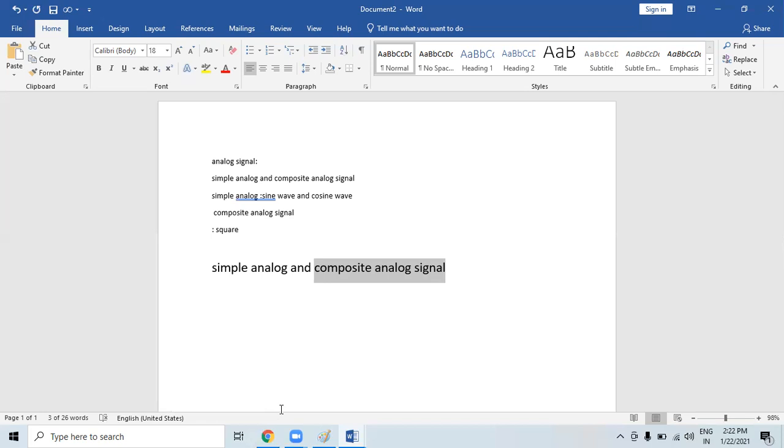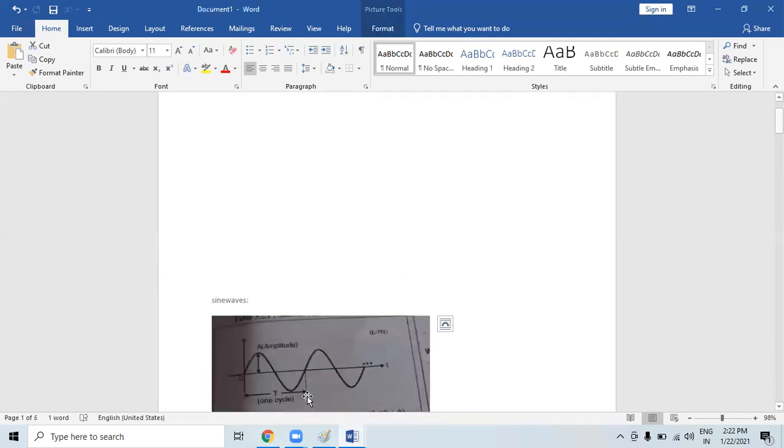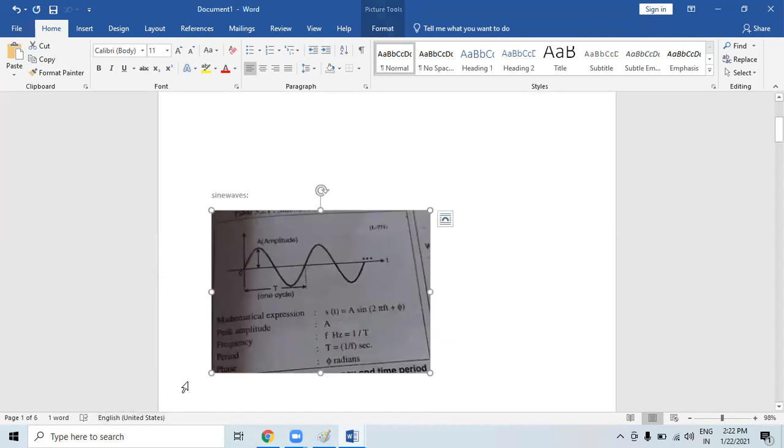So what about the simple analog signal? In sine wave, you can see this sine wave. It is the most basic type of periodic analog signal.